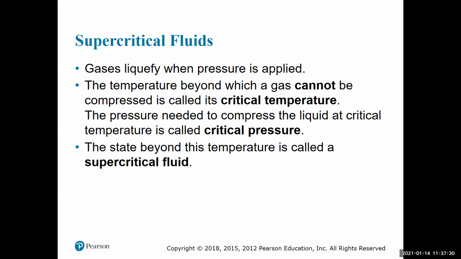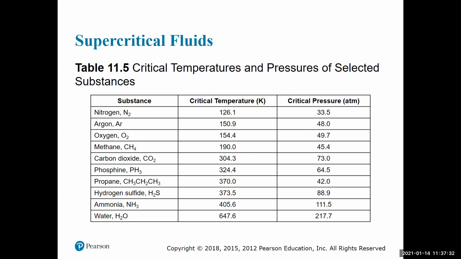These are some materials that we have the critical temperature and critical pressure for. The one I want to mention is carbon dioxide, CO2. CO2 is used to do extractions a lot of times. One reason is that carbon dioxide is a pretty safe chemical. We think CO2 is not real dangerous.